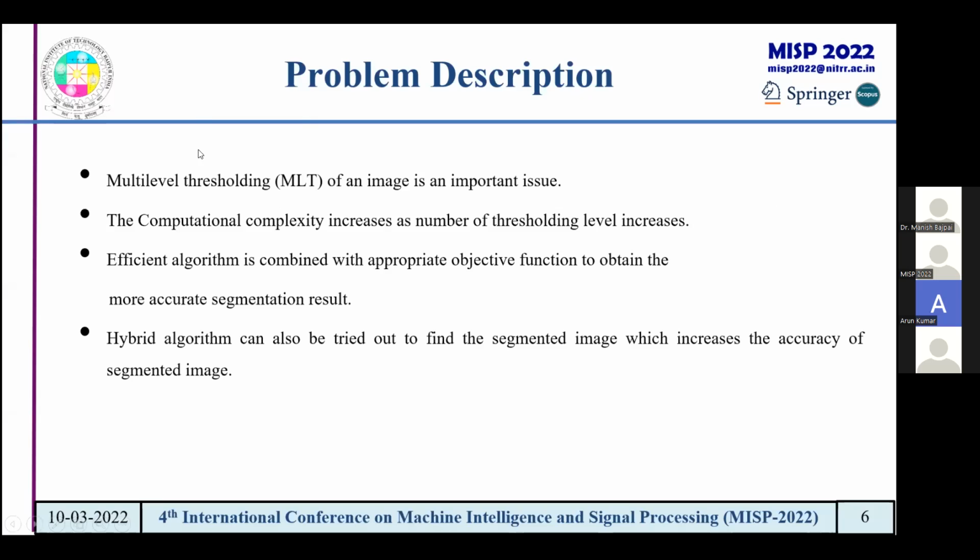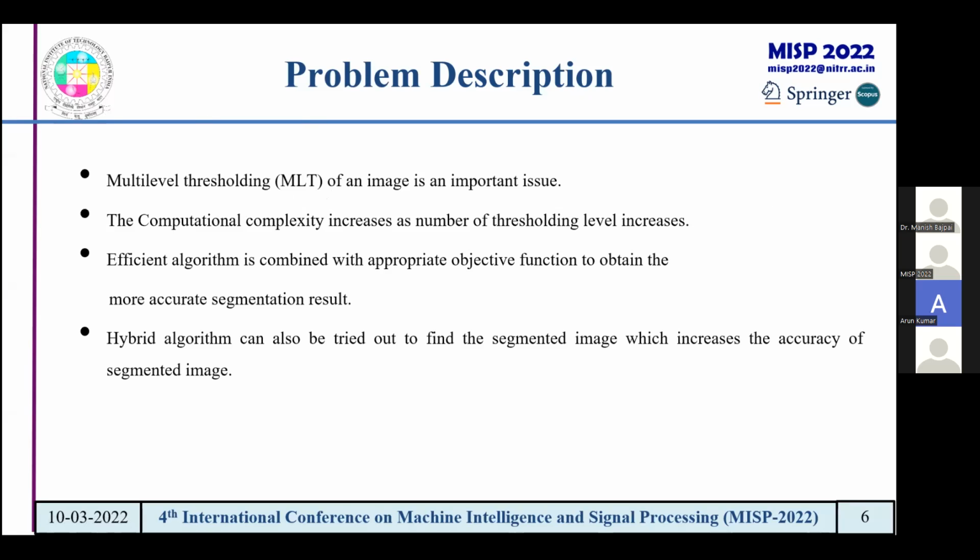Based on this literature survey, we found that multi-level thresholding of an image is an important issue, and when we are going for multi-level thresholding, the computational complexity is the biggest issue when the number of thresholds increases.